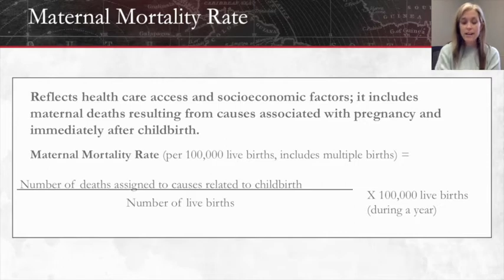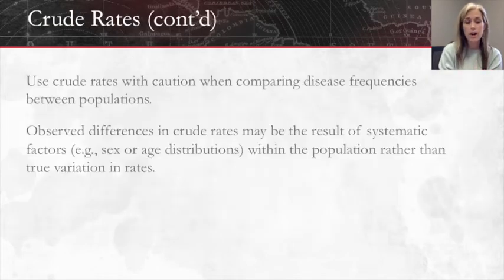Did she have access to healthcare services? Okay, and so if you have women who are dying due to childbirth, then that may be indicative of gaps in healthcare access, gaps in healthcare quality. Okay, and so maternal mortality rate is used frequently in health economics as well.